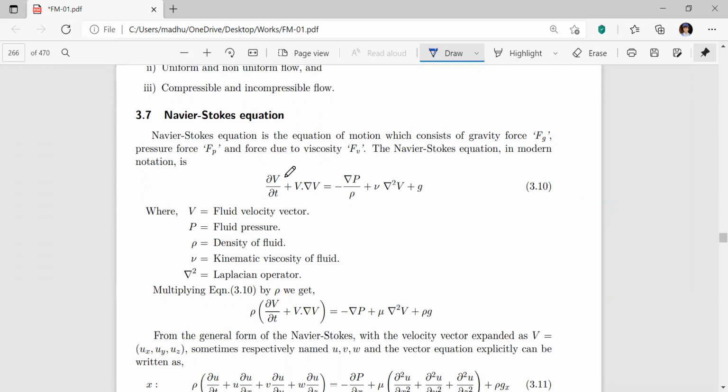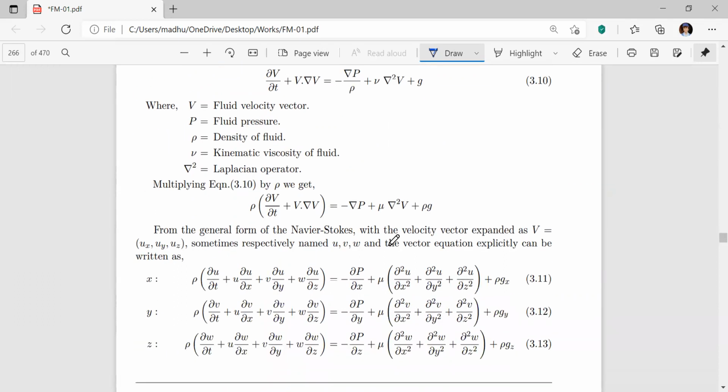This equation of motion consists of gravity force, pressure force, and viscous force, where dV by dt plus V dot del V is equal to minus del P by rho plus nu del square V plus g, where V is the fluid velocity vector, P is the fluid pressure, the density of the fluid is rho, the kinematic viscosity of the fluid is nu, and del square is the Laplacian operator.